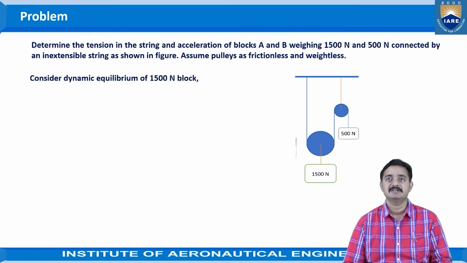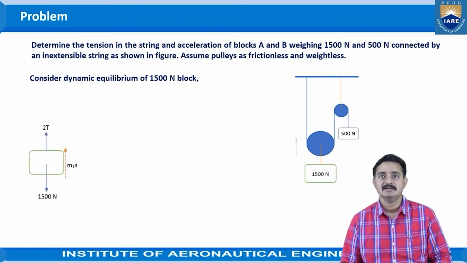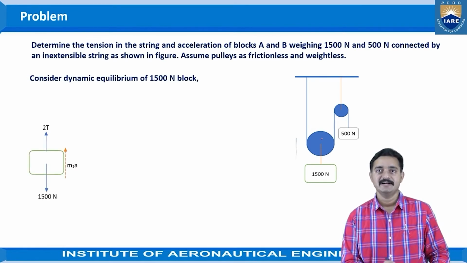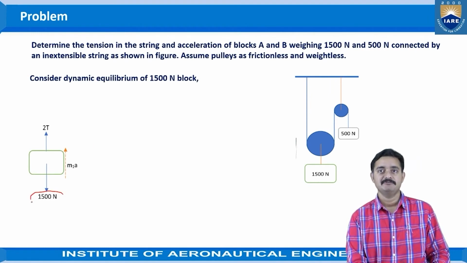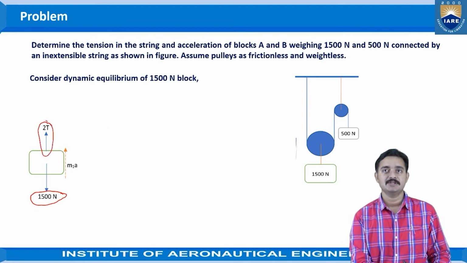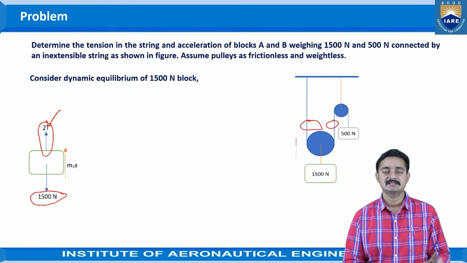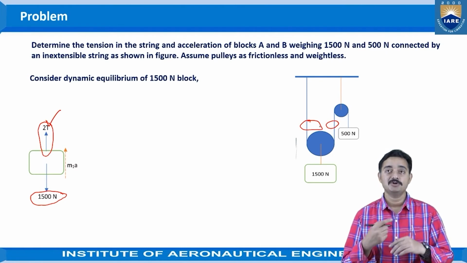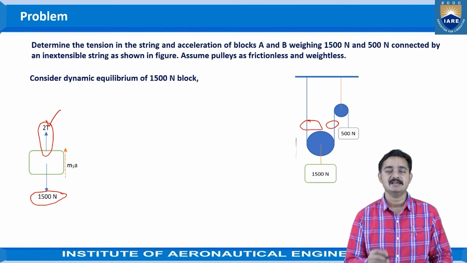So as per the given figure, we consider the dynamic equilibrium of the 1500 Newton block. Here, if you consider the free body diagram, the 1500 Newton weight is acting vertically downwards and the tension value which is attached here is taken as 2T. Why is this happening? There is a single string which is wound 2 times for the object.